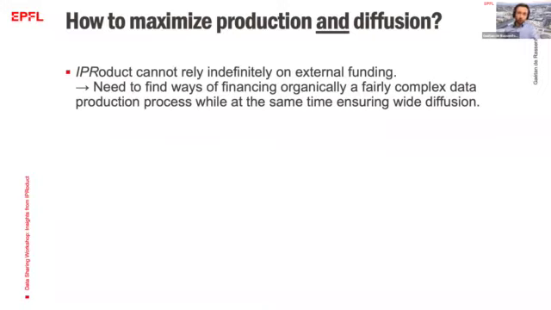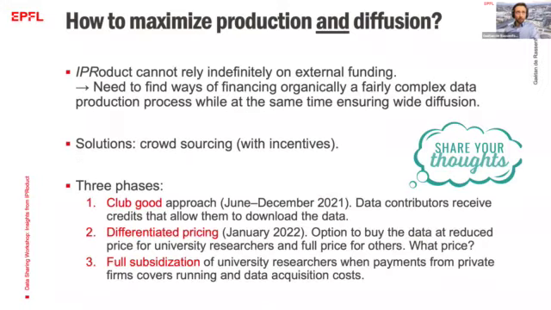So the solution we came up with is to crowdsource some of our data effort, of course, with incentives. And here, your thoughts on how we can optimize this crowdsourcing, or how we can address this maximization challenge, would be more than welcome.